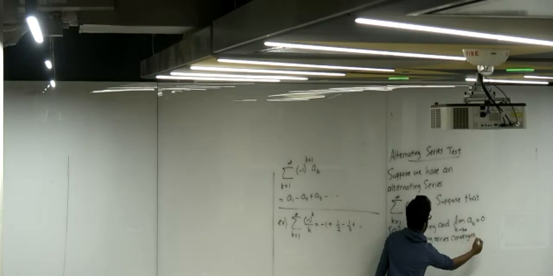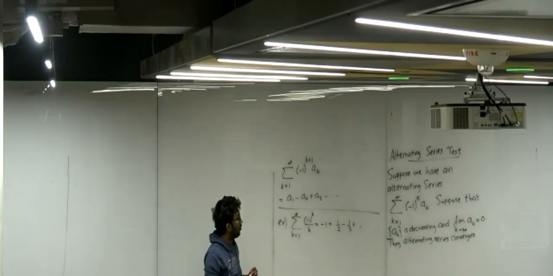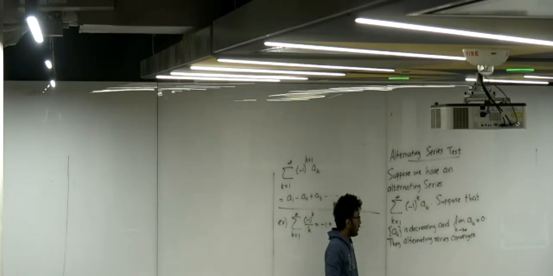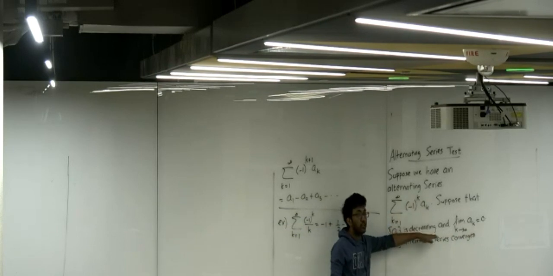This is a strong test that we can apply for alternating series, because if you have a series that consists only of positive terms, then this is not going to be valid.